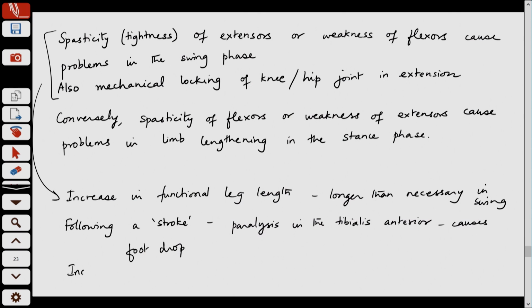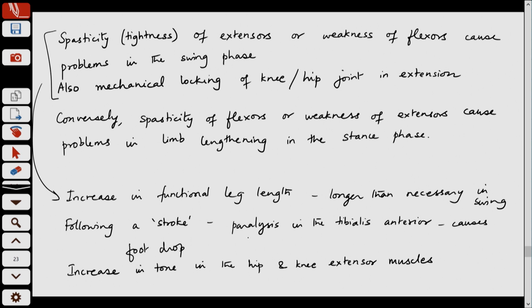And in addition, there may also be what is called increase in tone. Increase in tone meaning increase in the activity, which is basically the stiffness, the tightness in the hip and knee extensor muscles. So, that means they are too strong. That could also be a fallout of the stroke. So, hip and knee extensor muscles become spastic, they become tight.